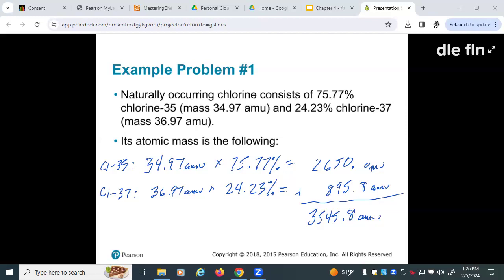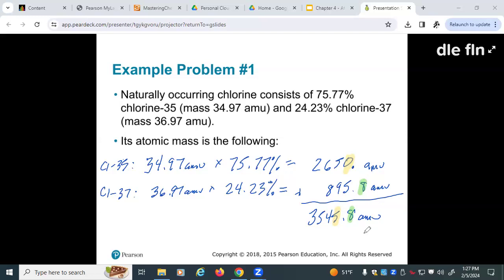A couple of things I have to take care of. I just did an addition, so I need to apply the correct addition rule for rounding for my sig figs. My first value was known to the ones place, the place before the decimal. My second value was known to the place after the decimal. So with this calculation, I can see I have 2 different estimated digits.